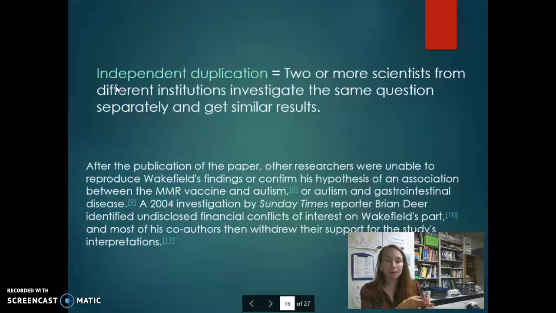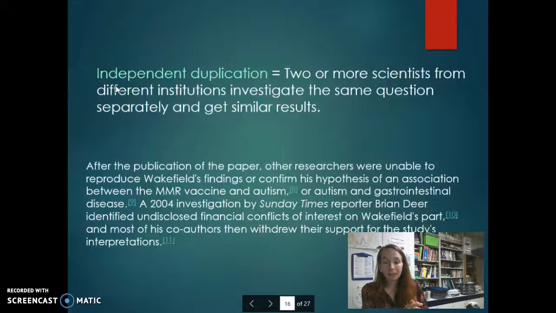One good example of this, and it crops up a lot in science, is the example of vaccines causing autism. Okay, this came up in 1998, and the guy who published this study published exactly how he did it. Now, a lot of people have since looked at that same study and tried to prove this guy right. But the thing is, they were never able to prove him right.